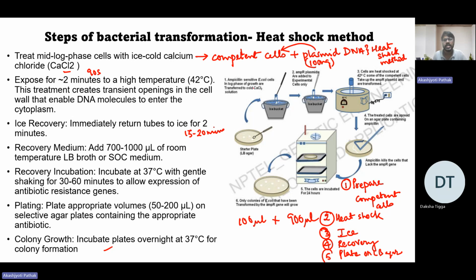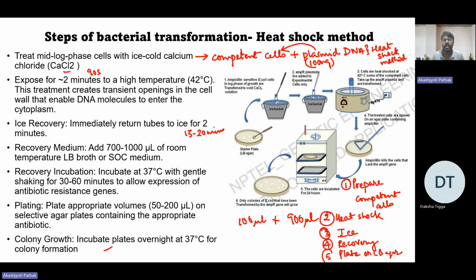The E. coli cells in log phase of growth are transferred to cold calcium chloride solution. Now, the ampicillin-resistant plasmids are added to the experimental cells only. So once you add it to the calcium chloride, you have prepared the competent cells. Now you add the plasmid.